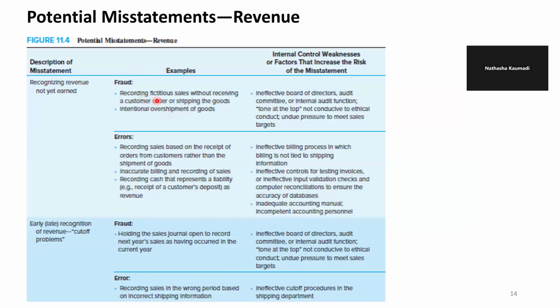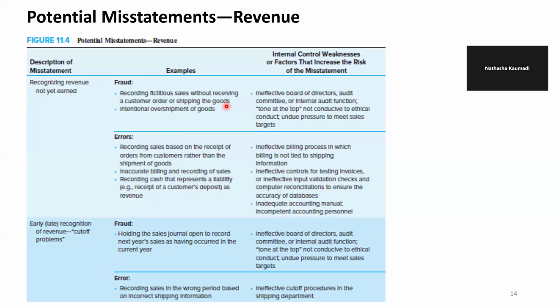Recording fictitious sales without receiving a customer order or shipping the goods. You have not actually received a customer order for sales, but you have recorded fictitious sales. Sometimes maybe the sales managers wanted to increase the sales just to show that the company is performing well, just to meet the targets, or just to get their bonus.